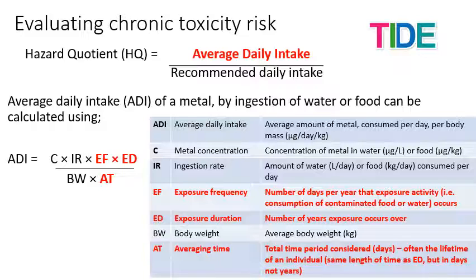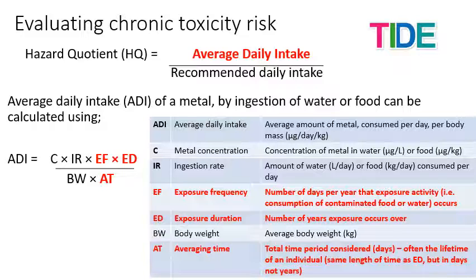Exposure duration and averaging time reflect the total length of time, either in years for exposure duration or days in the case of averaging time, for which the risk assessment is being conducted. This is often set to the average lifespan of the people being considered in this risk assessment.